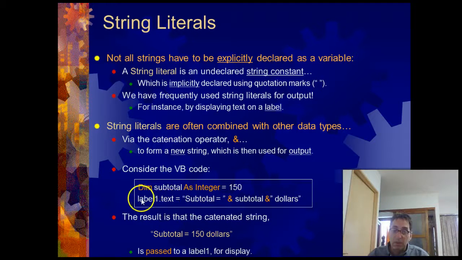So Label1.Text will have the value, what? Subtotal equals $150. And this is passed to Label1 for display.